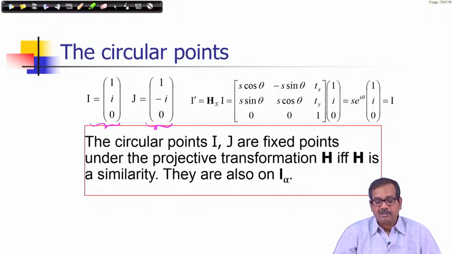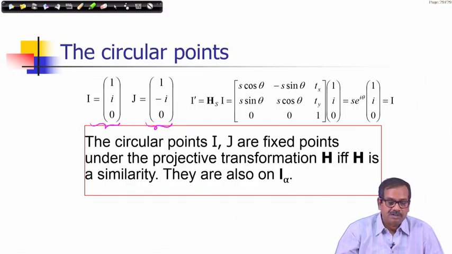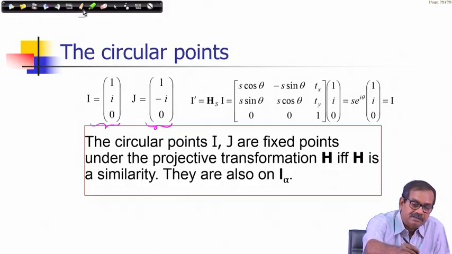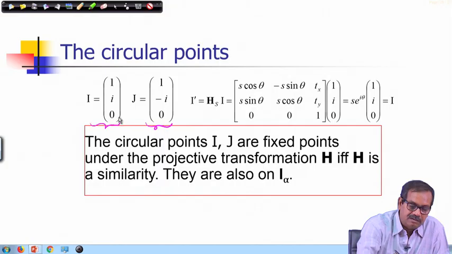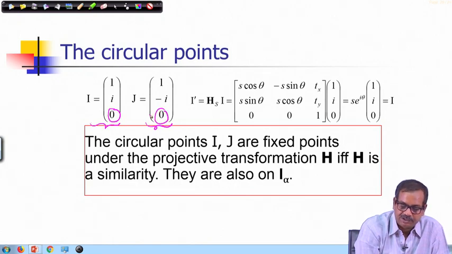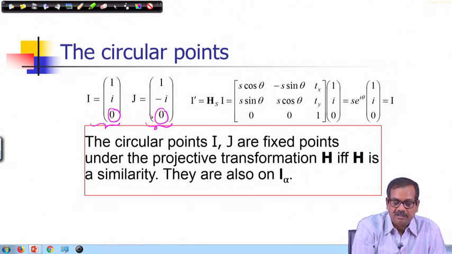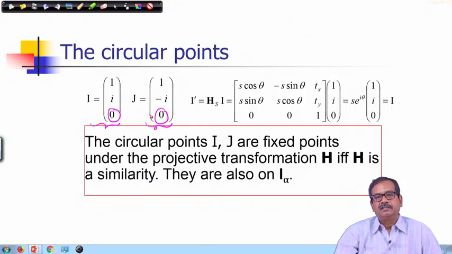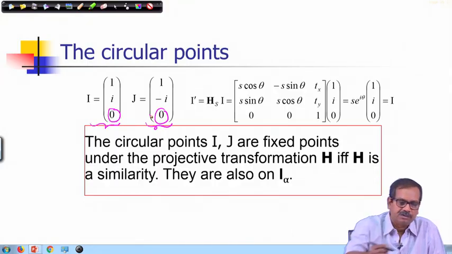They are also on the line at infinity, because you note that their third dimensional value or scale value is 0, which means if I apply the point containment relationship with the line at infinity, it will satisfy that relationship, which means the dot product of the column vectors represented by circular points and line at infinity should be equal to 0.